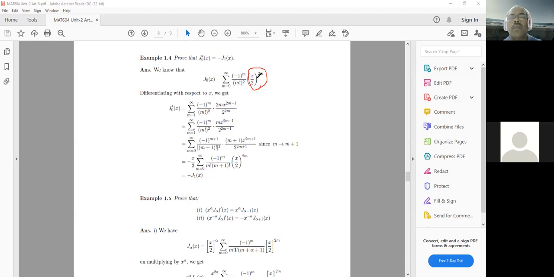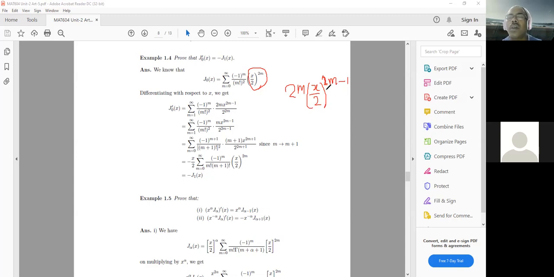So what is the derivative of x by 2 to the power 2m? That is 2m into x by 2 to the power 2m minus 1, by the definition of derivative of x to the power n.